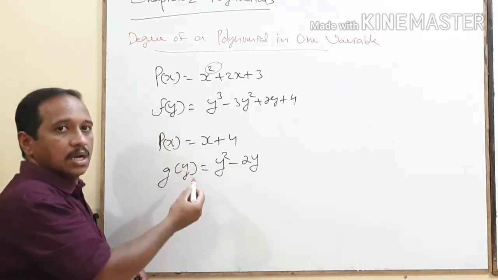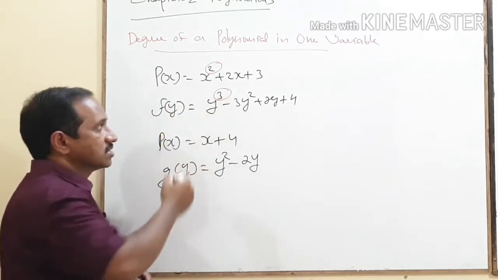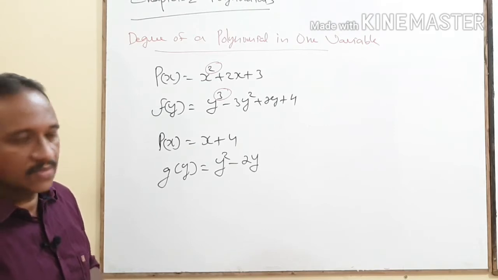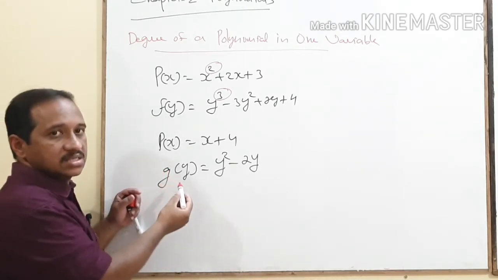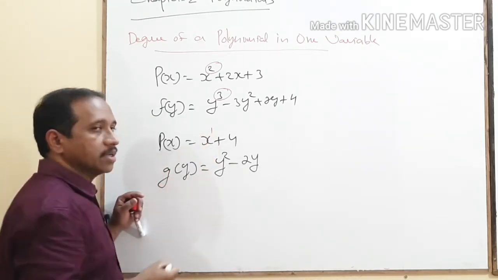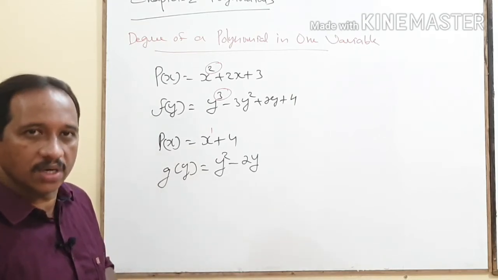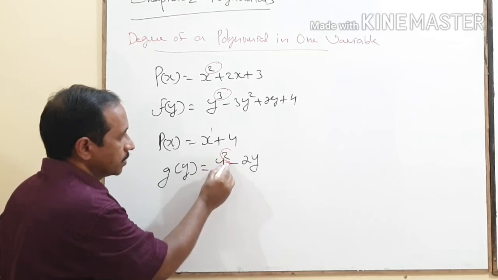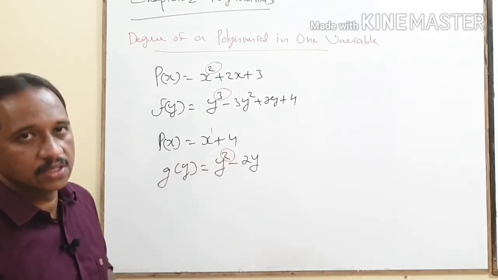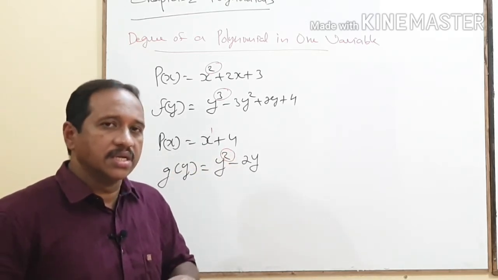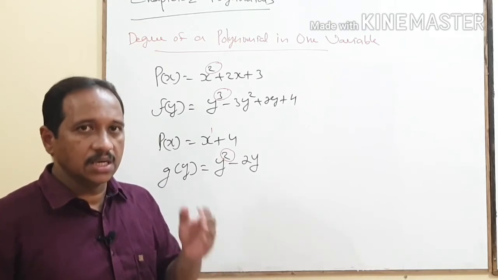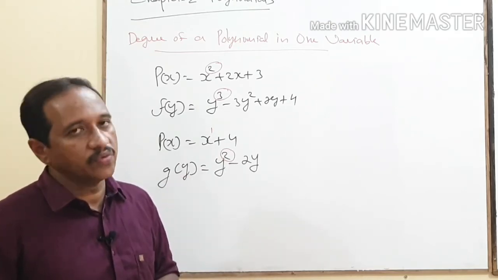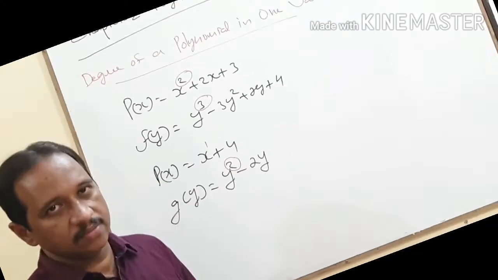Second polynomial has the degree 3 because the highest power is 3. Third polynomial has the degree 1 because its highest power is 1. And the fourth polynomial has the degree 2 because its highest power is 2. So the degree of a polynomial is the highest power of the variable in a polynomial.